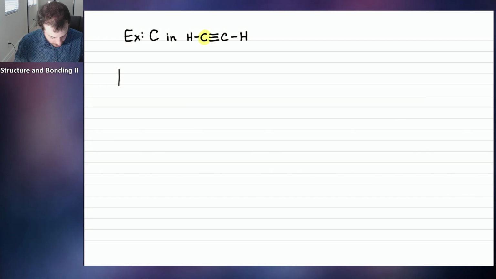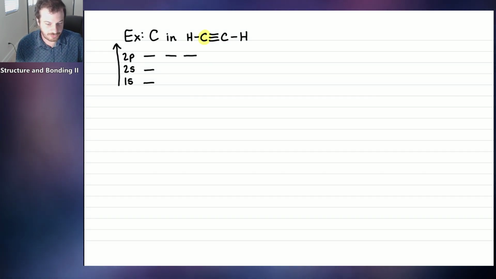So again, I will draw my little energy line going up. I'll have my 1s, my 2s, my 2p. I'll draw those atomic orbital lines, right energies, and now we'll fill in for carbon. Remember that carbon has the following electron configuration: 1s2, 2s2, 2p2.